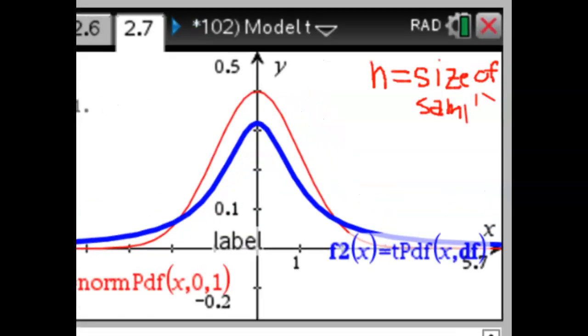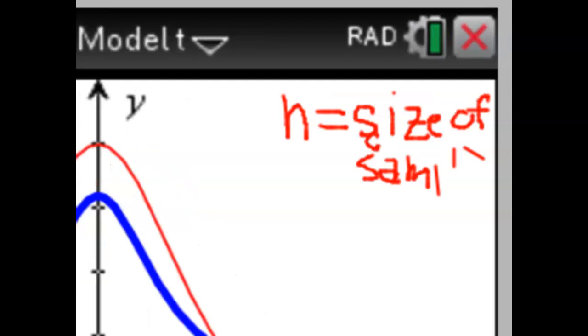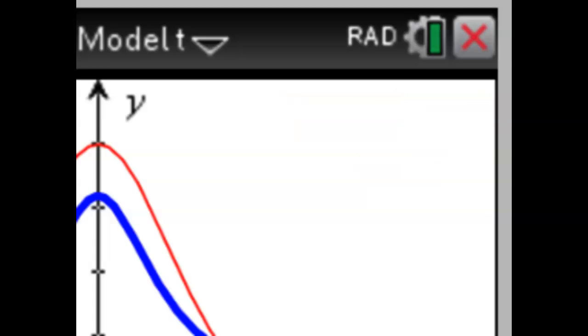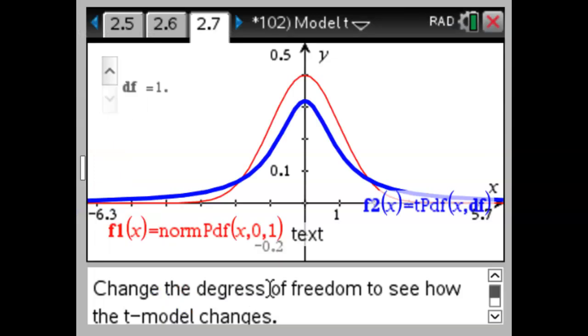And then our degrees of freedom. I'm going to fix my calculator, the Zoom went crazy. Our degrees of freedom is going to be the size of our sample minus 1.